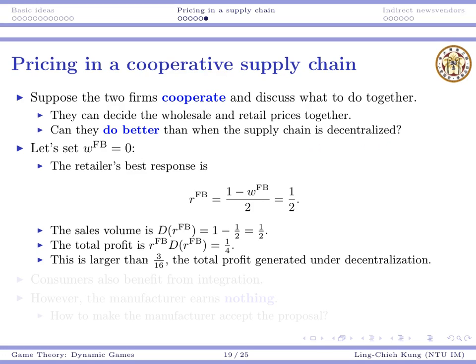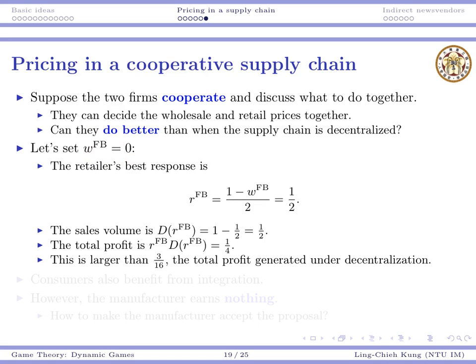But let's think about this. Suppose somehow someone proposes the manufacturer charge a zero wholesale price. Somehow we know it's very weird because the manufacturer should not accept it, but let's simply analyze this option.